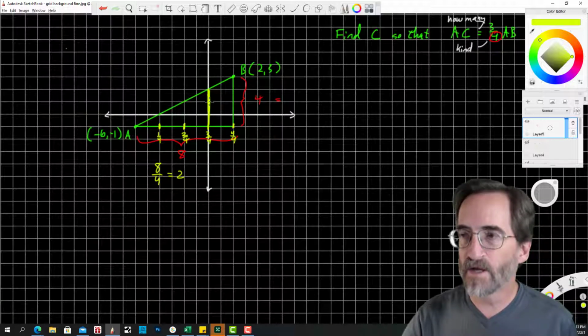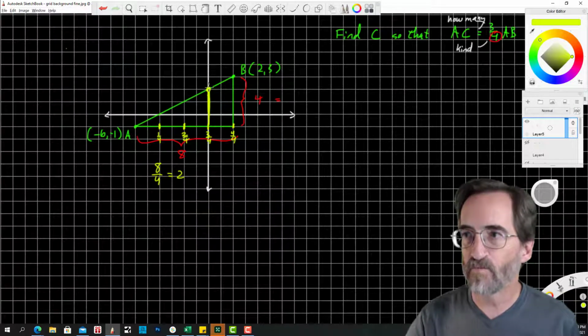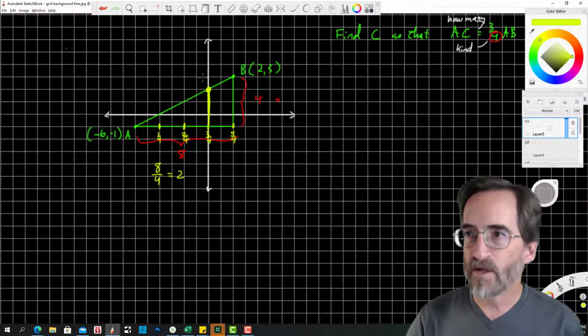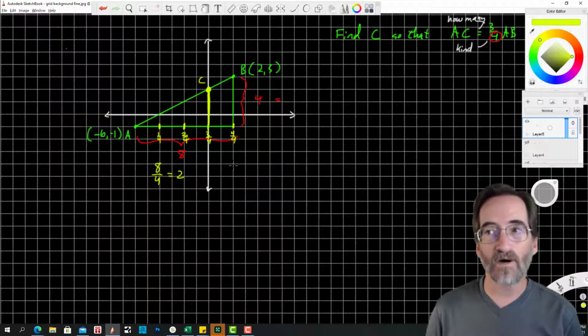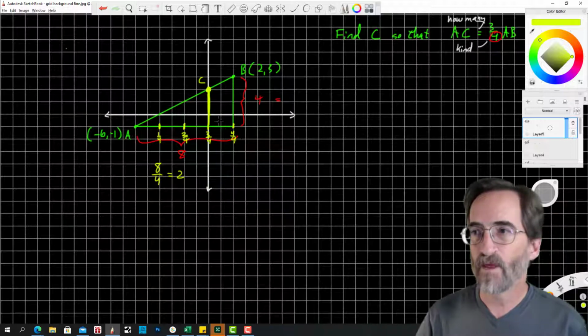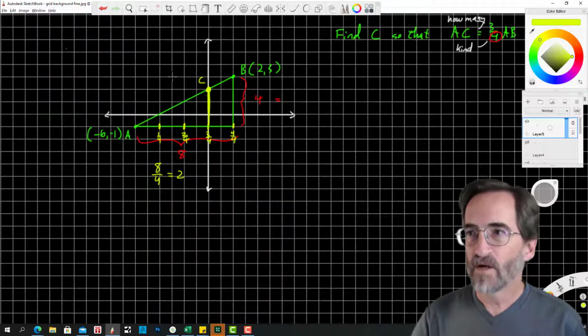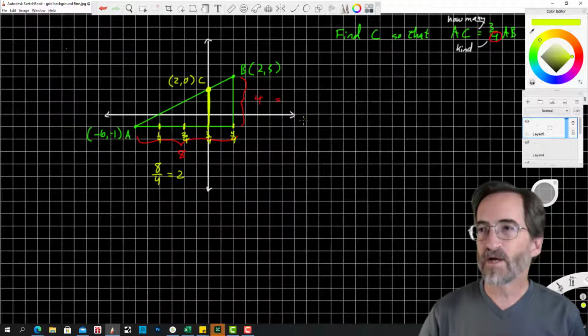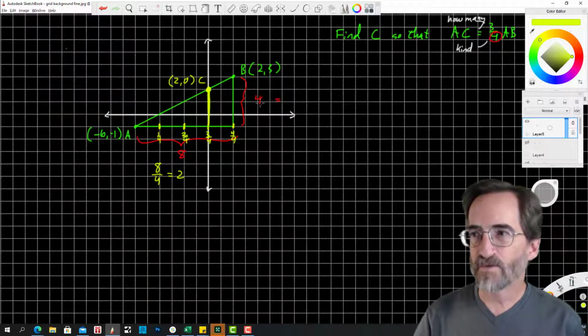I can actually answer the question about what point C satisfies the requirement that AC be 3 quarters of AB right now. But I'm going to go a little bit further. It's that point right there, (2, 0).